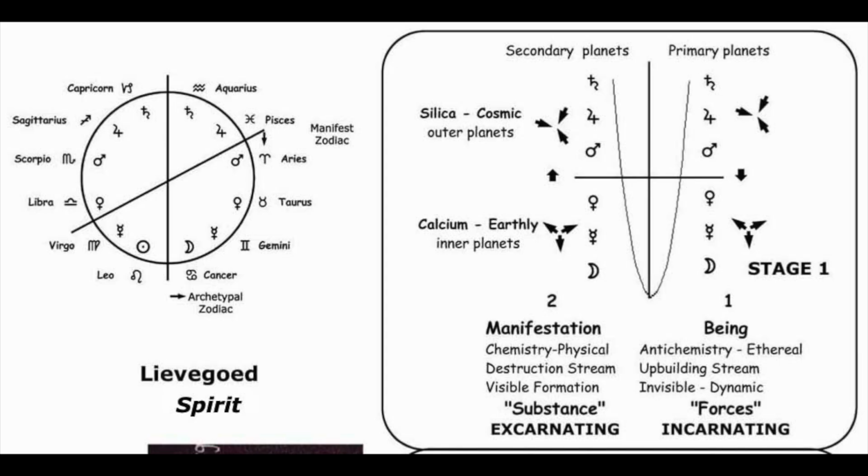And there's a thing called precession of the equinox. What this is, is that our spring equinox point moves backwards 1 degree every 72 years. And so what that means is it takes 2,146 years to go through one sign.